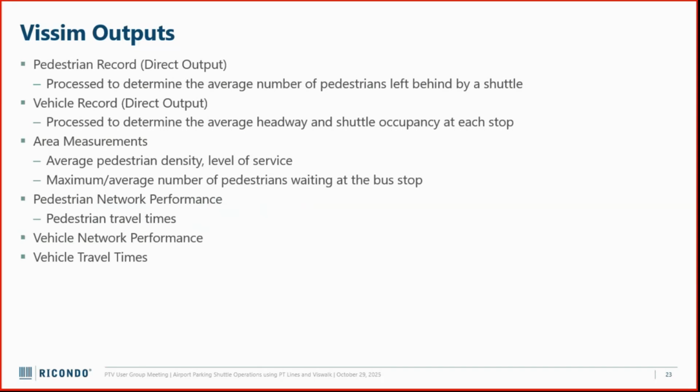And we counted that in a little bit of a matrix using Excel manipulation. We then used vehicle records to determine the average headway and shuttle occupancy at each stop, as well as area measurements to determine pedestrian density, level of service, the number of pedestrians waiting at any given time, things like this. And we used pedestrian network performance, vehicle network performance, as well as vehicle travel times to provide insight to our client.